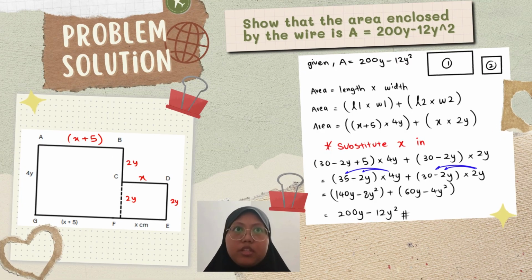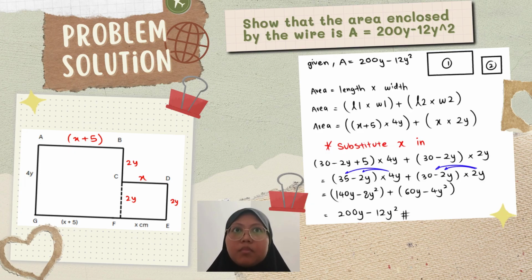Moving on to the next question. It asks us to show that the area enclosed by the wire is A equals 200y minus 12y squared. From here, we will separate the shape into two shapes, one a rectangle and one a square.